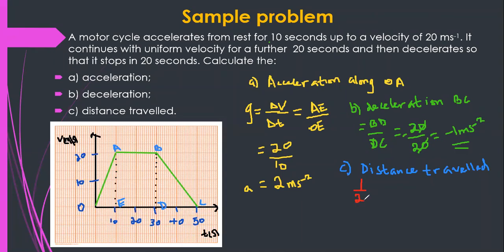It's 1 over 2, open bracket, the sum of the two parallel sides, which is AB plus OC, close the bracket, multiplied by the height, and the height is just AE.